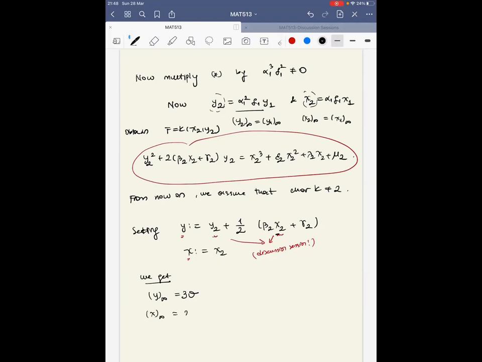Again, similarly, we need to verify that the pole divisors of x and y will be the pole divisors of x2, y2, or x1 and y1, so that we can write our elliptic function field in terms of two transcendentals, which can be written with respect to this algebraic relation.